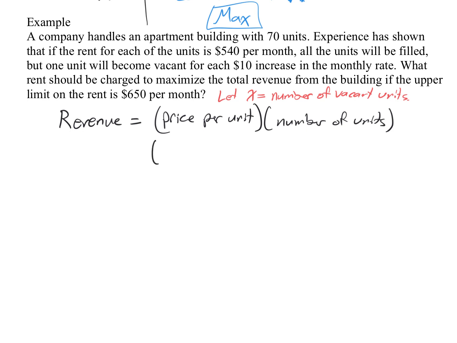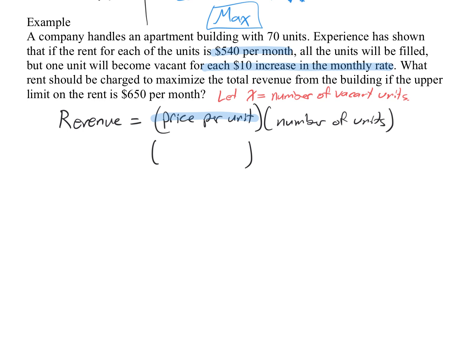Okay? Now, when we think about price, let me do a little bit of highlighting here. Price per unit. Experience has shown that if this is the price, all of the units will be filled, but 1 unit will become vacant for each $10 increase in the monthly rate.